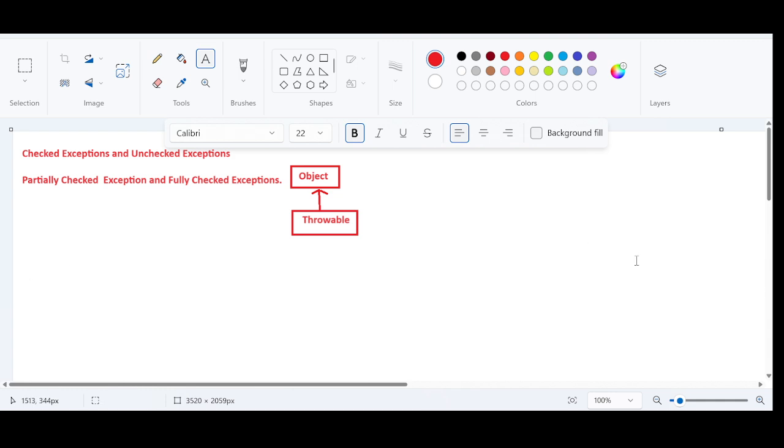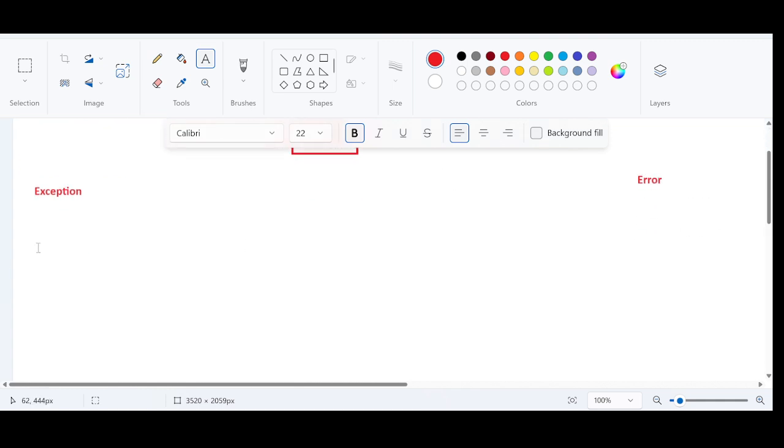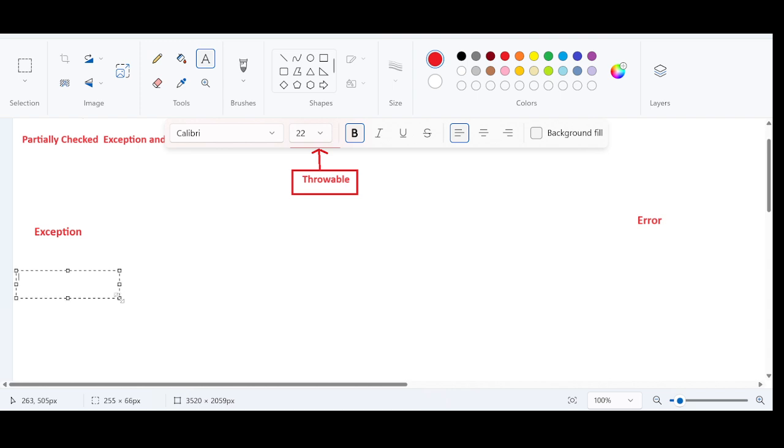The second one is another class by the name of Error, right? Under the Exception class, there are four major subclasses. One is the RuntimeException class, right?